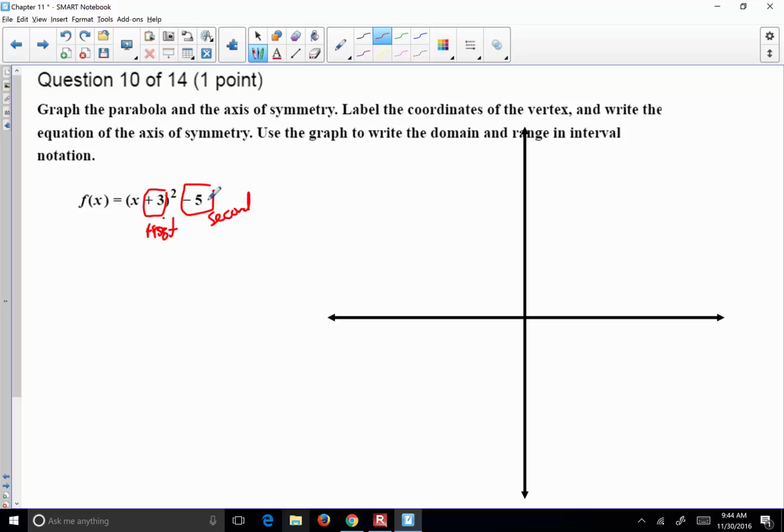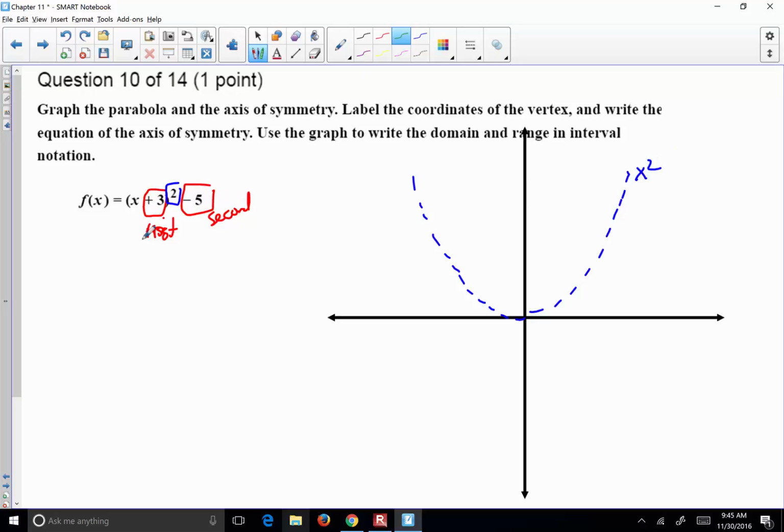Do we have a third? No. Don't count square. If you're thinking square is an operation, no. It was already in the base function. X and square were already in the base one, so they are staple values. There are only two operations or transformations done to this main graph. So this is your x squared. You are going to transform it twice according to these numbers.